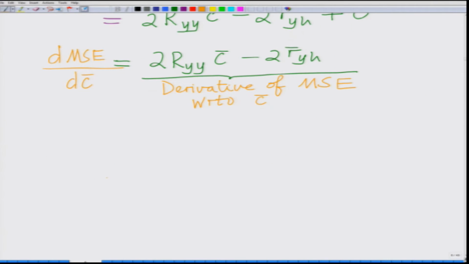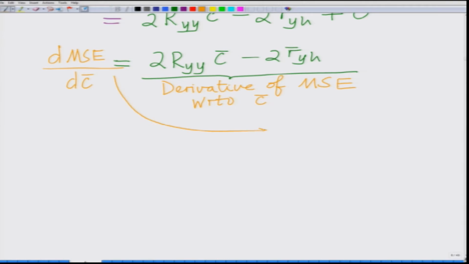Now, remember, to find the optimal C bar, I have to equate this derivative to 0. So, set this derivative to 0 to find that C bar which minimizes the MSE, that will give us the MMSE, the minimum mean squared error.